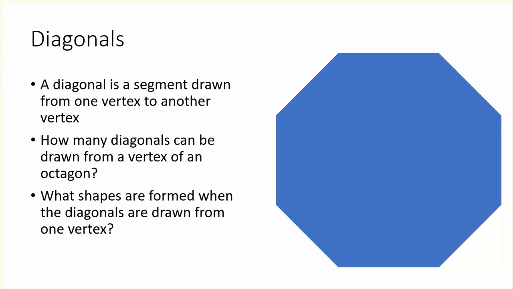Let's repeat this process with an octagon. Again, I'm going to find one vertex to start from. So from that corner B, I'm going to draw a segment connecting B to all the other vertices.